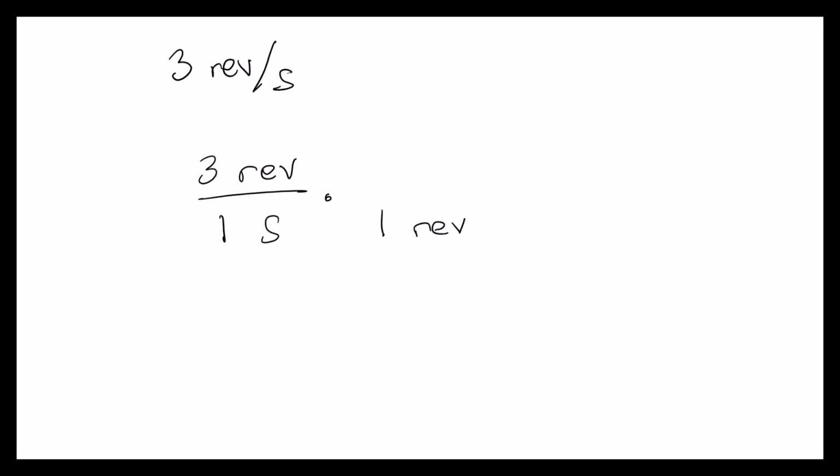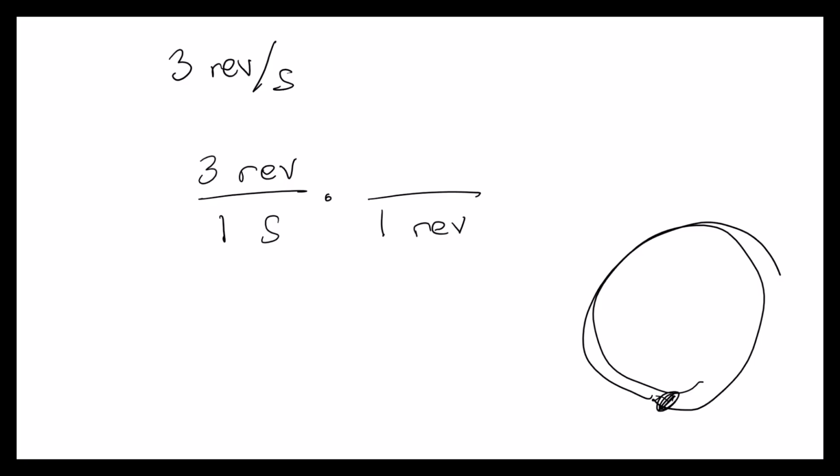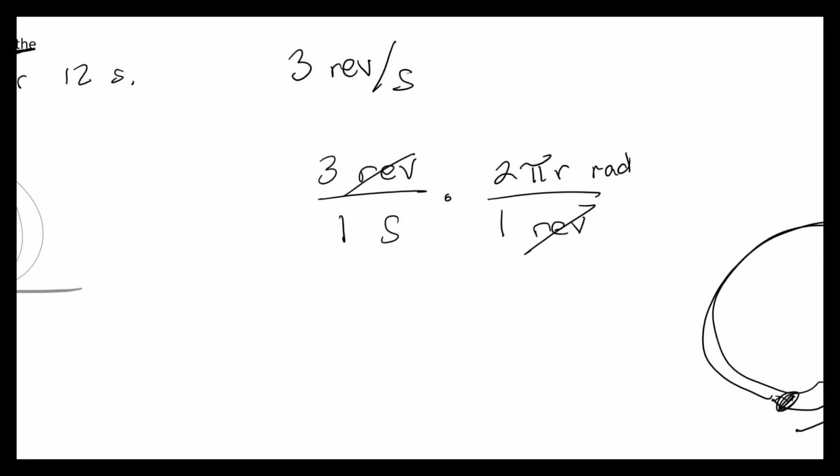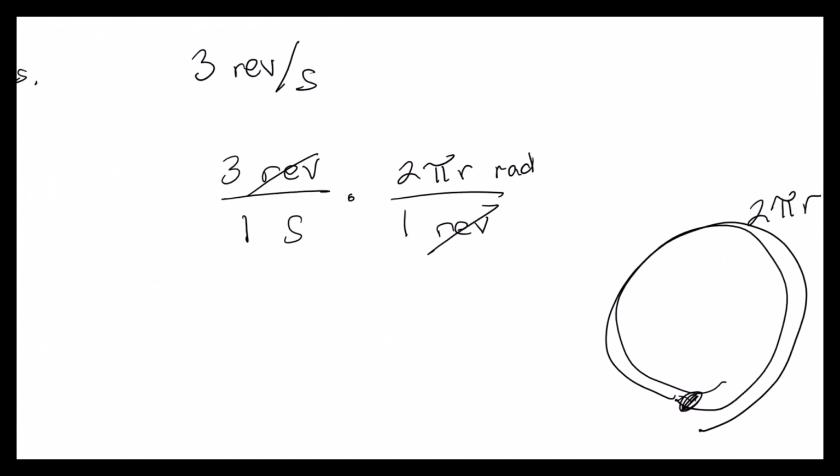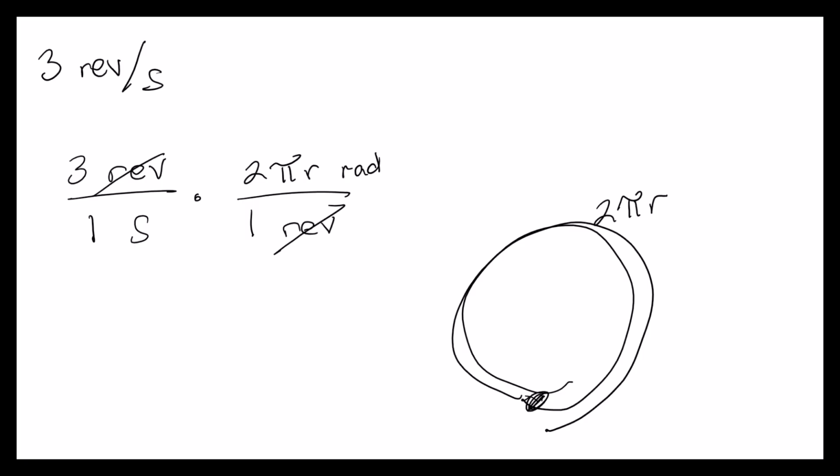For 1 revolution, we need to ask how long it takes to go all the way around. It takes a circumference, and the circumference is 2 pi r. If you want to call it radians, the revs cancel out. My r was, I already forgot, 0.25.